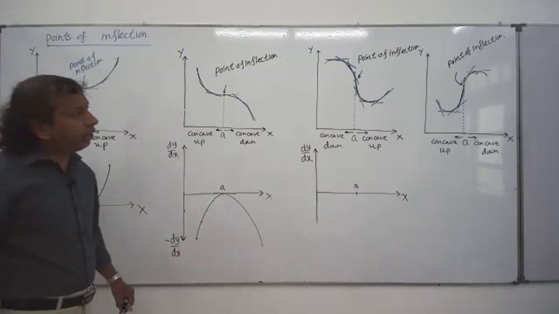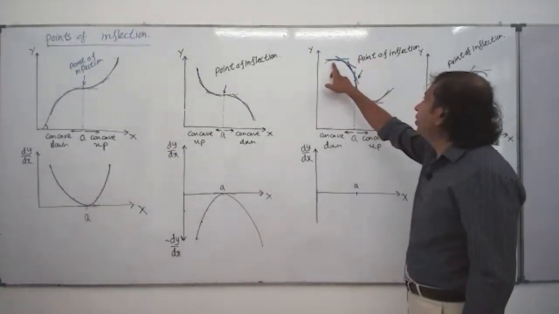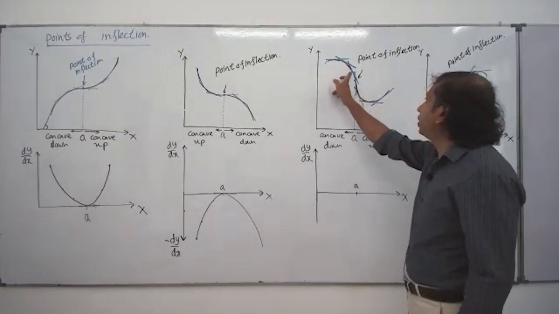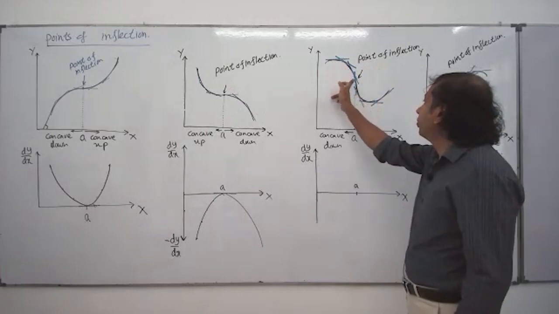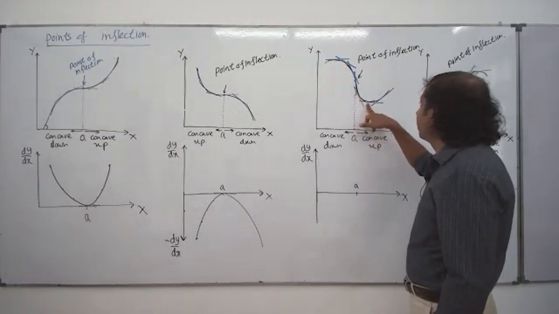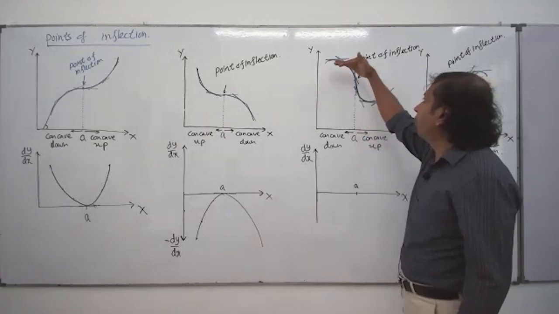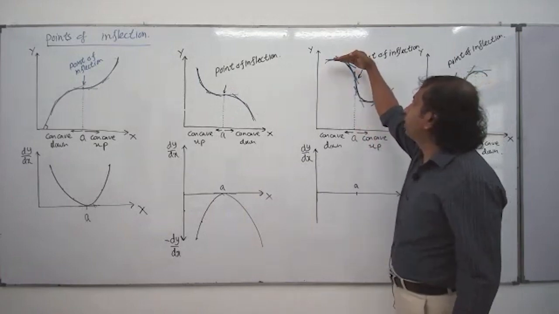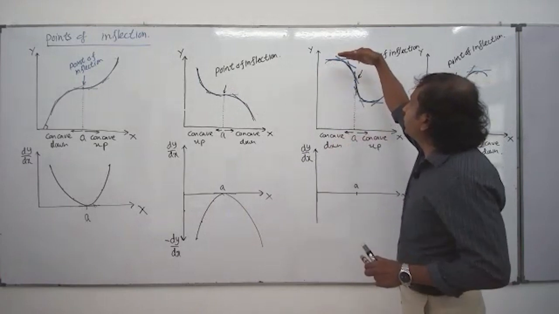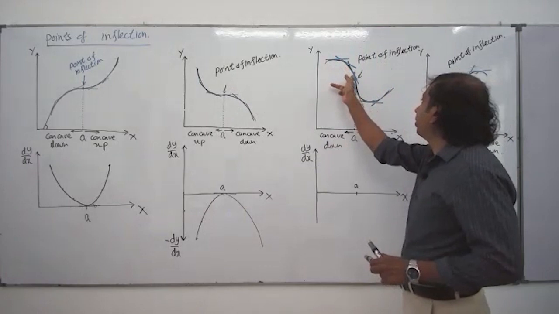Yeah. Now, shall I draw the dy by dx graph for this? Now, you can see the gradient of this graph is negative up to here. Now, I am going to measure the gradient here. When we draw the tangents, they will make greater angles while we are coming this way.